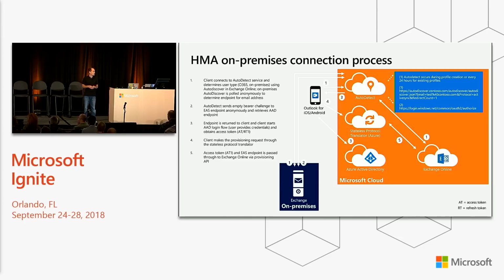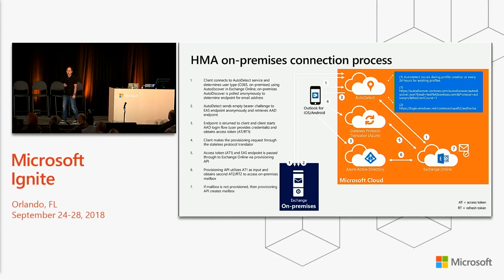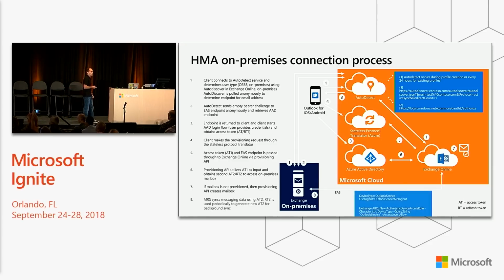The MRS service will do two things. It's going to obtain that second access token so that we can authenticate against Exchange Online for this particular user, and it will provision a mailbox if one doesn't already exist. We will then establish our third connection to on-premises. This time it's an authenticated connection utilizing that OAuth token to begin data synchronization.